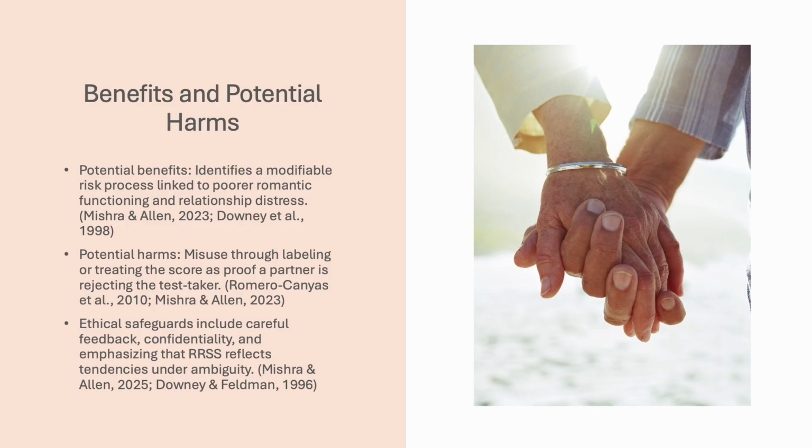A potential harm is misuse. For example, labeling the test taker or treating the score as proof that a partner is rejecting them. Ethical safeguards include careful feedback, confidentiality, and emphasizing that the RRSS reflects tendencies under ambiguity rather than certainty.